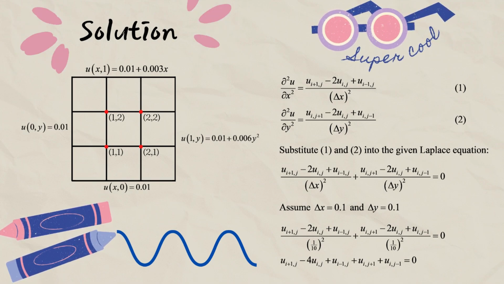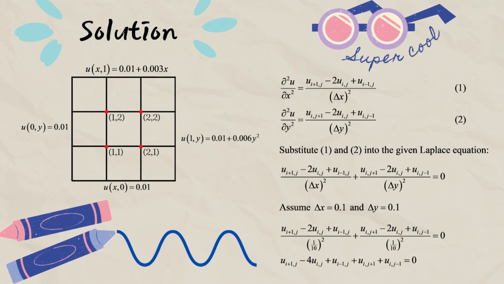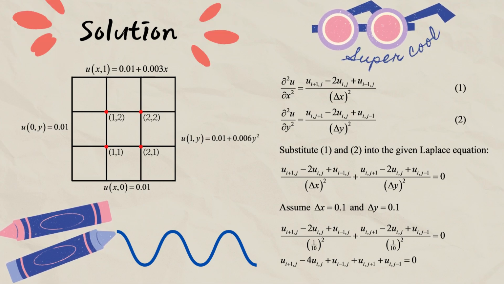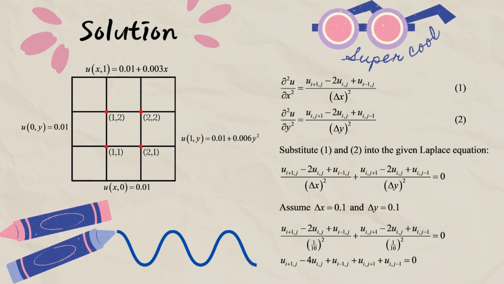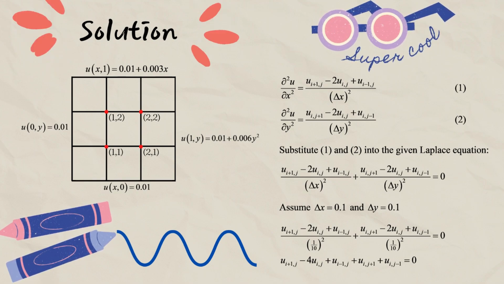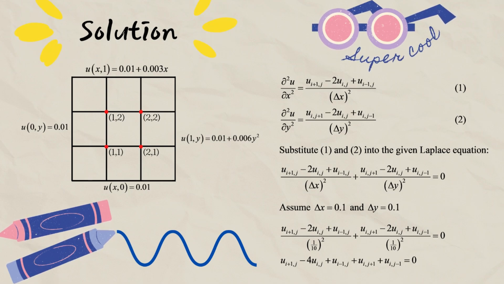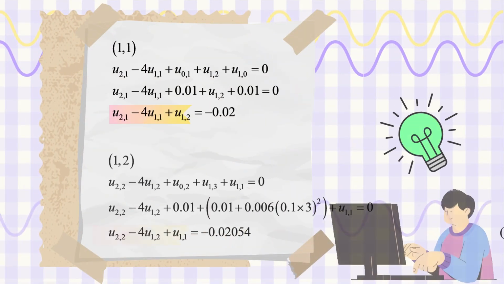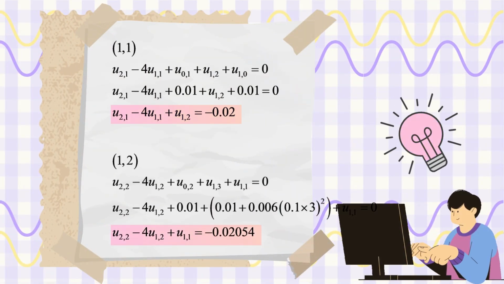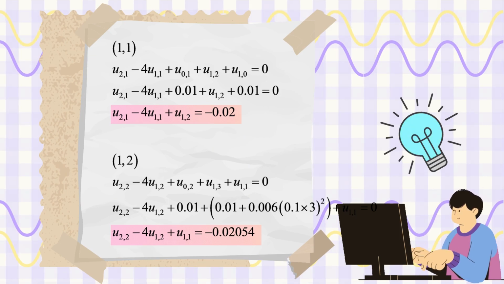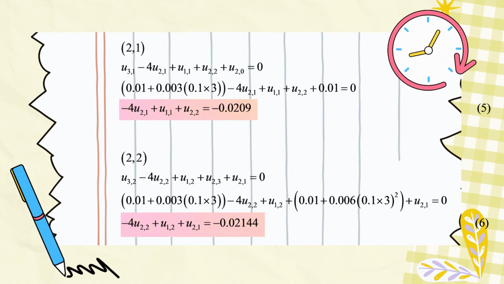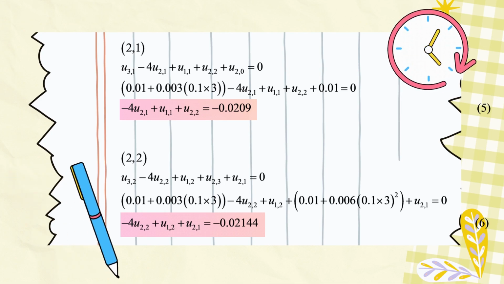We will obtain the formula, which is u(i+1,j) minus 4u(i,j) plus u(i-1,j) plus u(i,j+1) plus u(i,j-1). We will form equations for the 4 nodes using this formula. So these are the equations for node 11 and node 12. And these are the equations for node 21 and node 22.